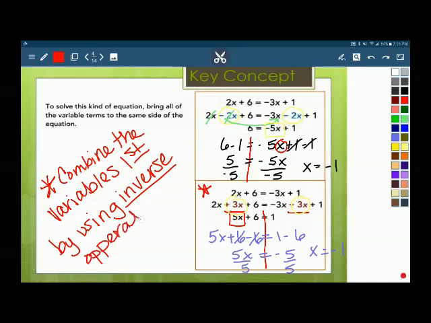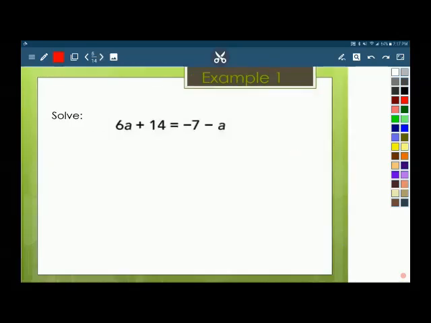In order to get a term to end up on the other side of an equation, you have to do the opposite operation in order to get it to move. You can't just take this negative 3x and put it over there. You have to do the opposite to get rid of it from one side, and then it'll end up on the other. So let's try this in our first example.